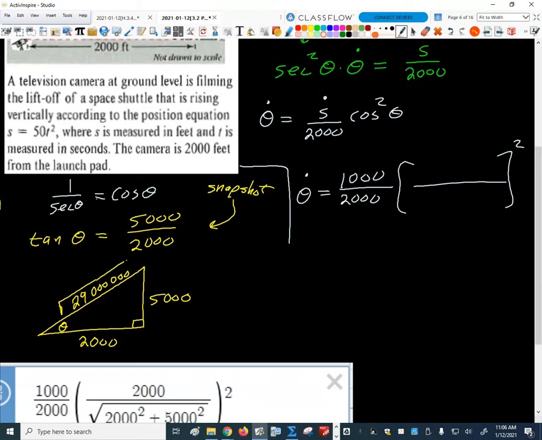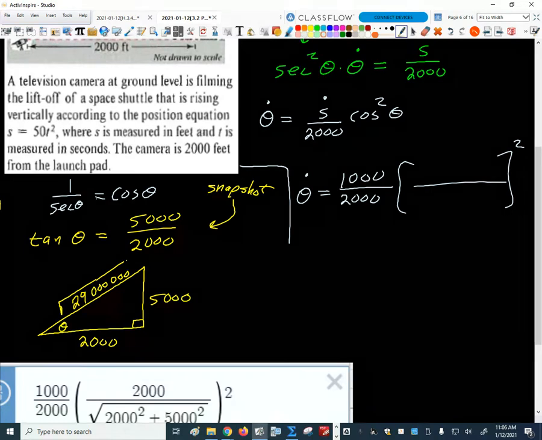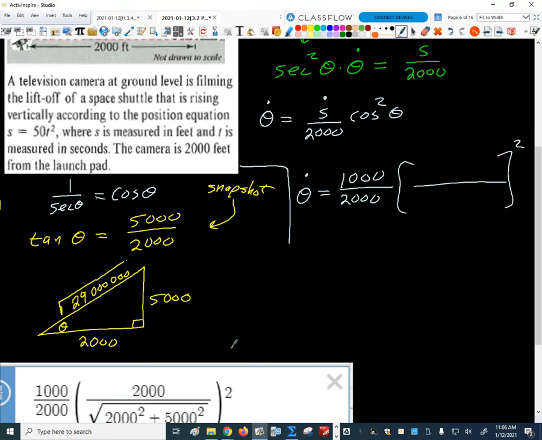Remember, if we've got SOHCAHTOA, cosine is what divided by what? Adjacent over hypotenuse. There you go. So that's going to give me 2,000 over the square root of 29 million.